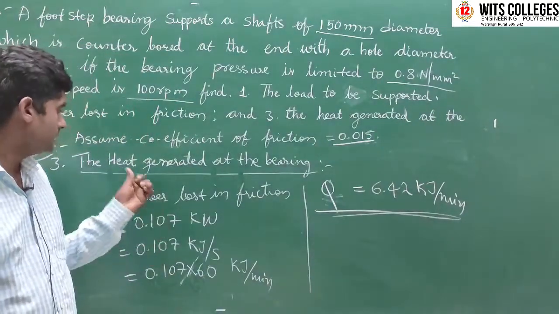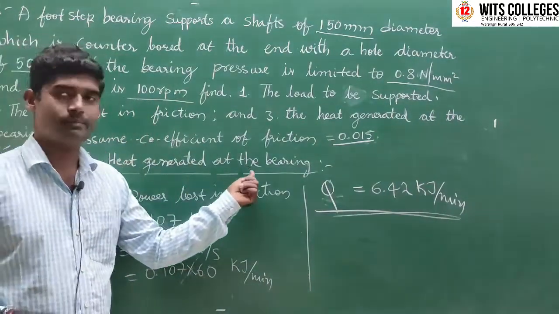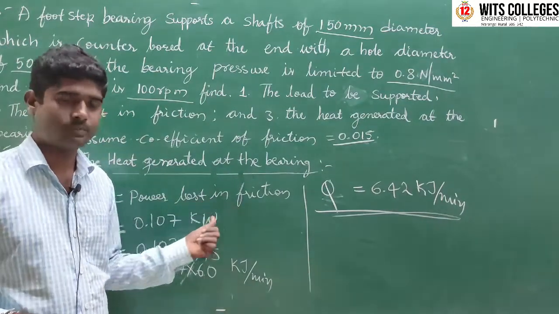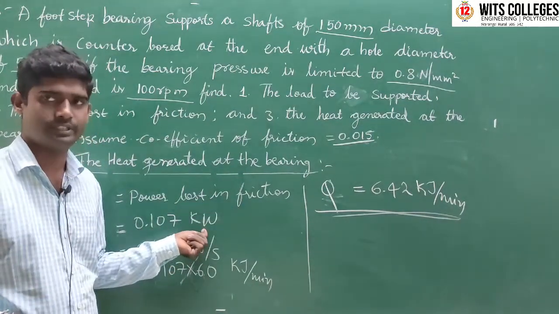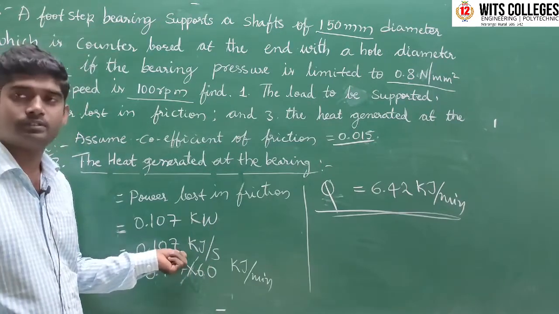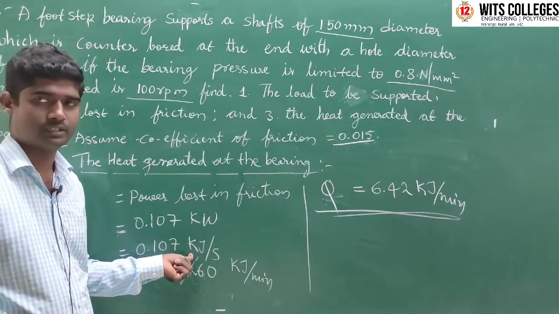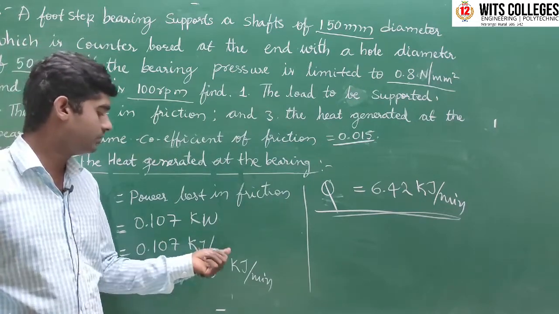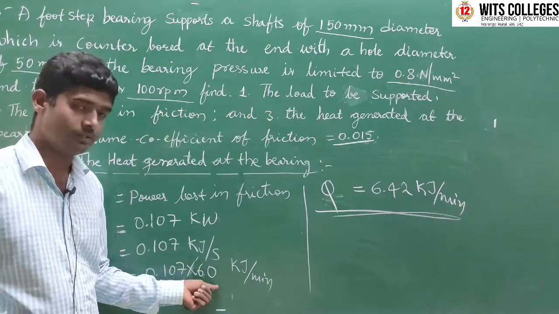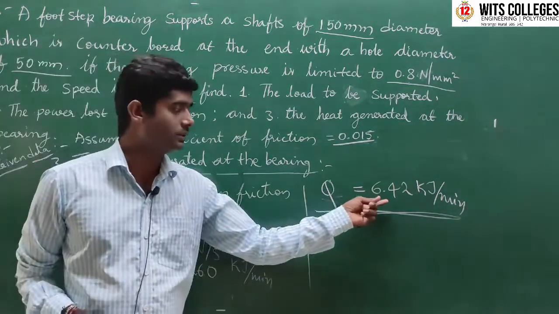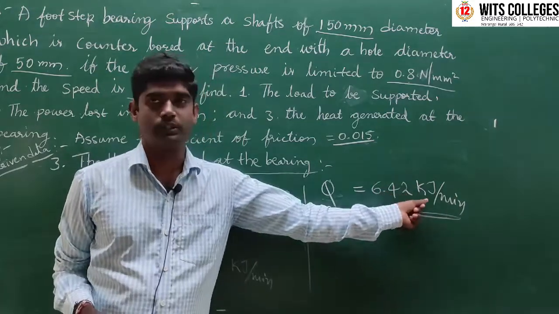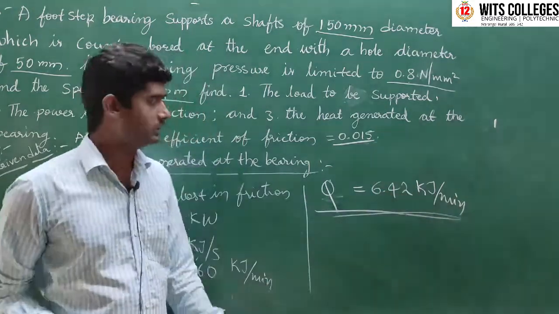The heat generated at the bearing is equal to the power lost in friction. The power lost in friction in kilowatts is converted into kilojoule per second, the same, 0.107, and converted into minutes by multiplying by 60. Then Q, the heat generated, is equal to 6.42 kilojoule per minute. This is the answer.